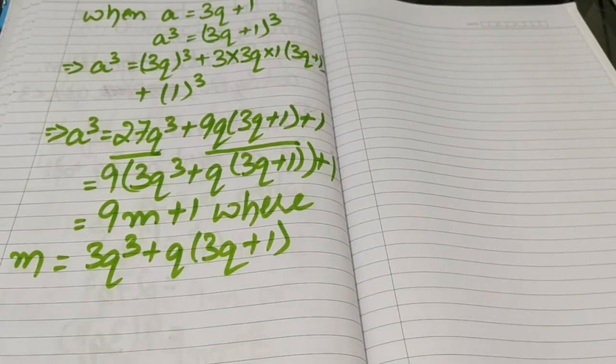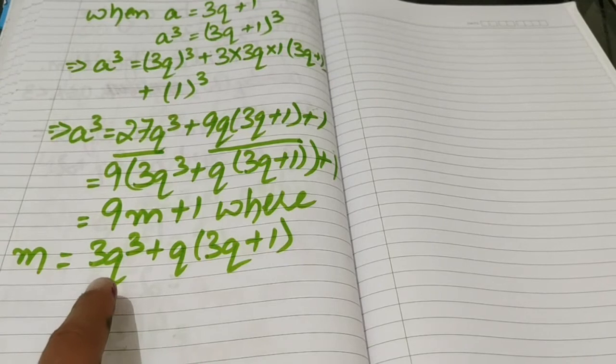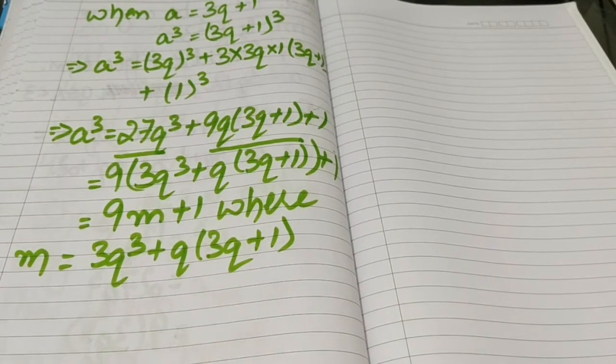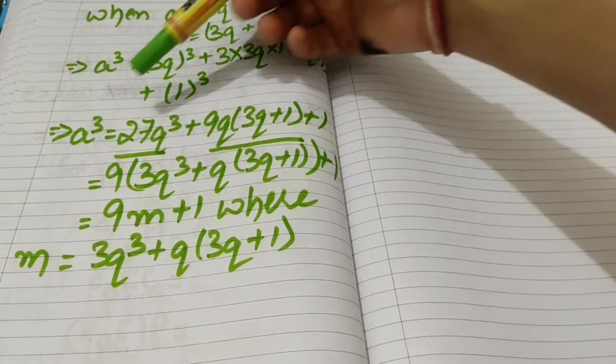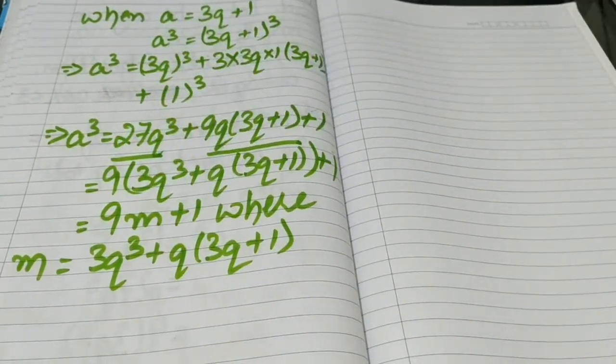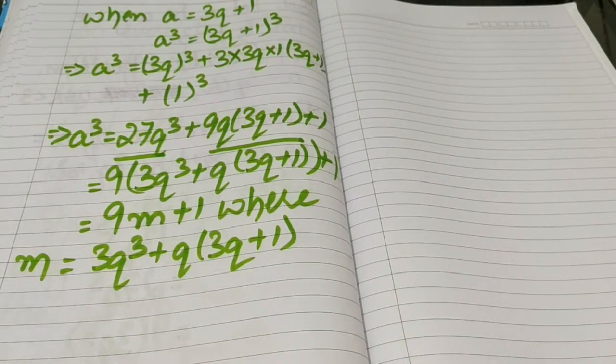So we can express it as 9m plus 1, where m is 3q cubed plus q into 3q plus 1. That is how we have expressed a cubed as 1 more than a multiple of 9, that is 9m plus 1. Now we will go for the third possible value of a, which was 3q plus 2.